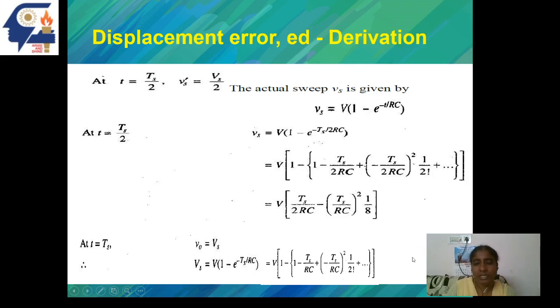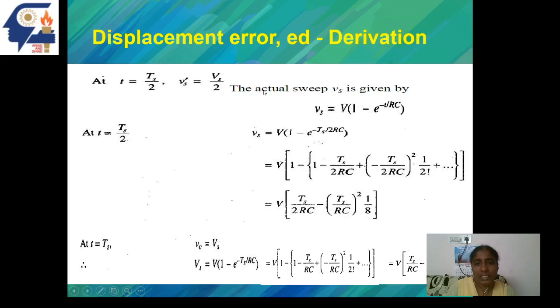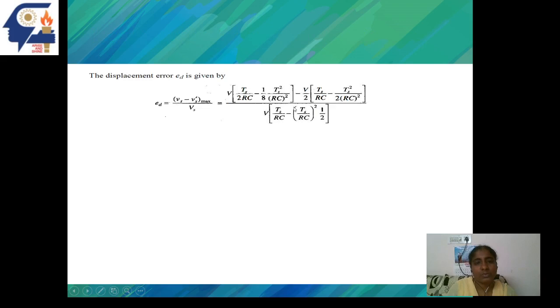So in the numerator, it is Vs minus Vs dash. This Vs we are calculating here, which is V into Ts by 2 Rc minus Ts by Rc whole square 1 by 8. So 1 by 8 Ts by Rc whole square. This term is Vs, and Vs dash is nothing but V by 2 Ts by Rc minus Ts by Rc whole square half.